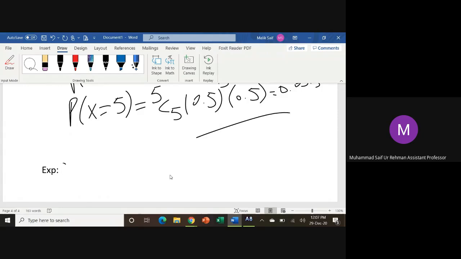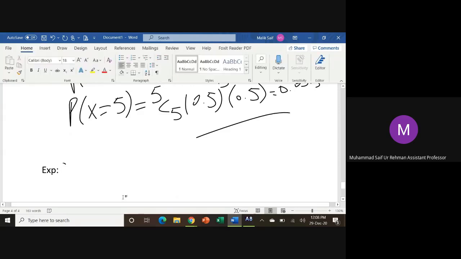The probability that any flight arrives late is 0.20.